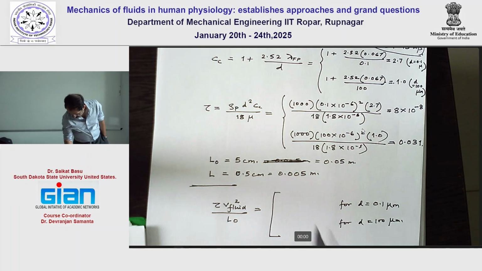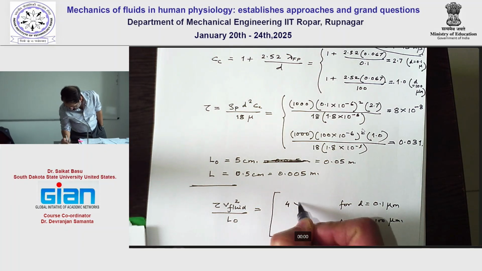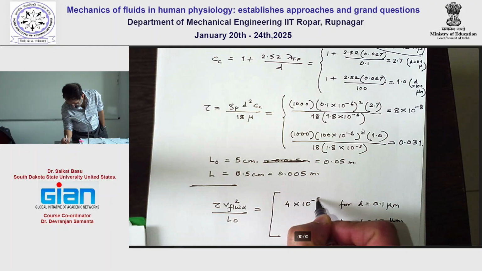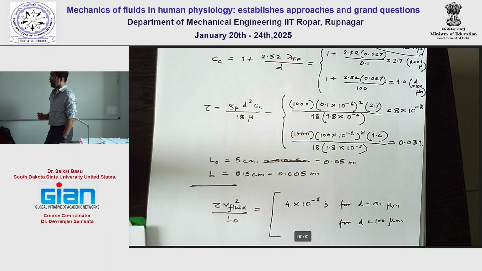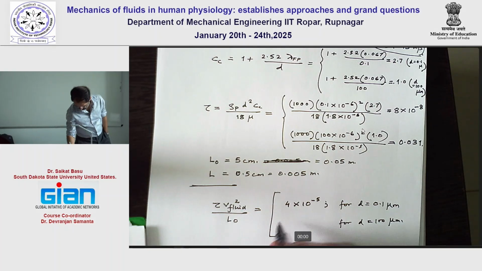So for d equal to 0.1 micron, 4 into 10 to the power of minus 5, yes. What's the second one? 15.5. 15.5, yes.